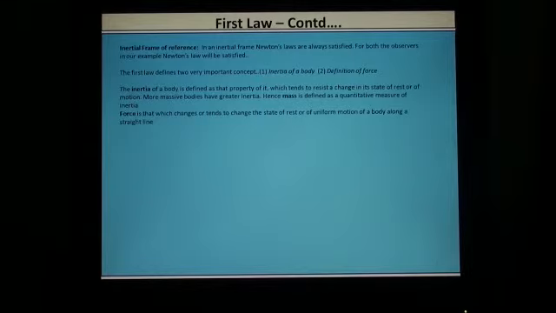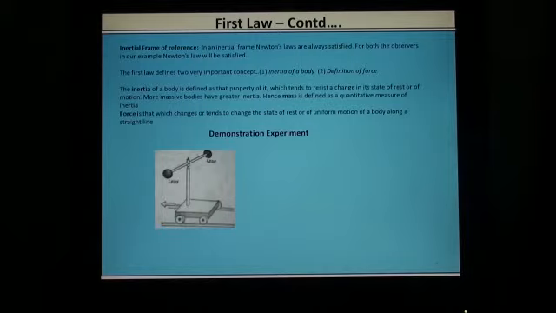Next is a simple experiment which demonstrates inertia. In this example, we have a cart, and two lead balls are mounted on the cart, which can move and rotate in either direction.